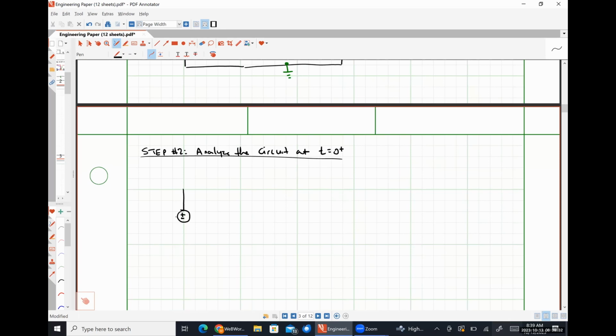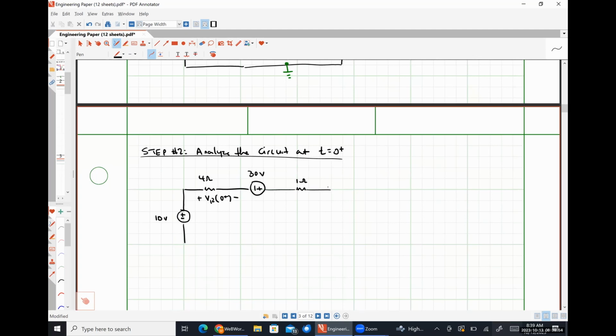So we would have 10 volts in series with a 4 ohm resistor over which there is a voltage VR at 0 plus. Here we have our 30 volt source. Here we have our 1 ohm resistor.